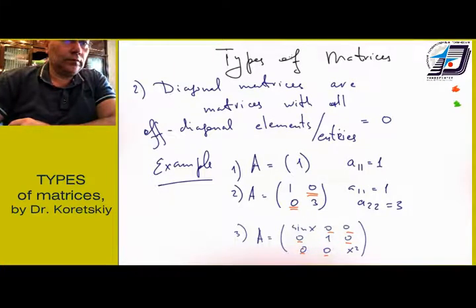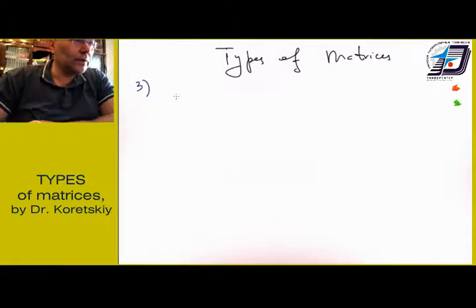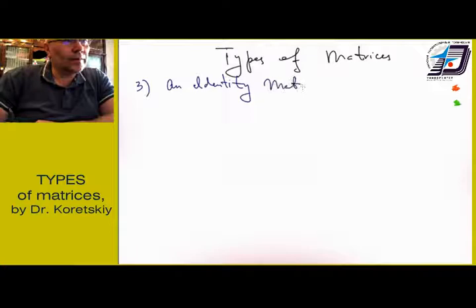Okay, the next concept: the identity matrix. Some people call it the unit matrix.